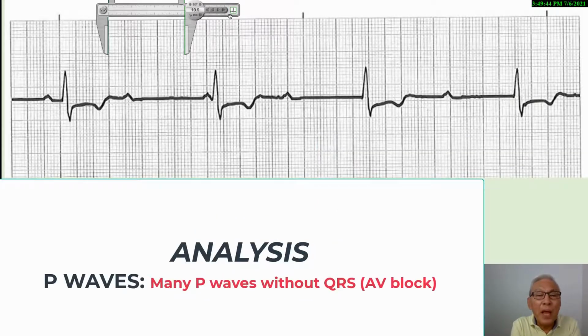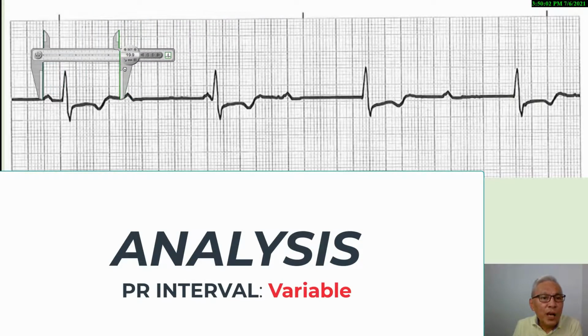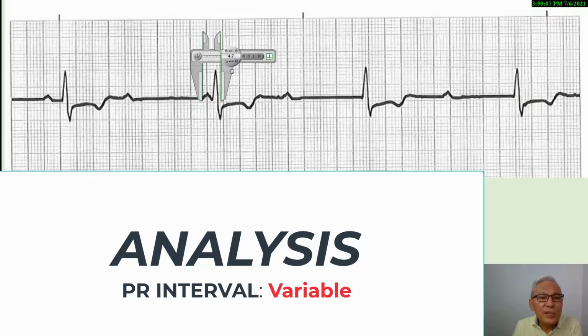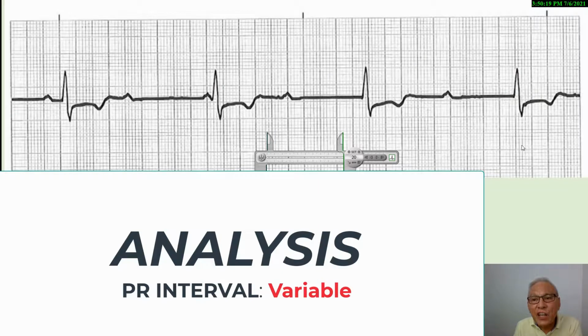P waves, many P waves, are not followed by a QRS complex, and therefore there is a block. PR intervals. If we look at the PR intervals and measure them, this is what we get. Notice now that the first PR interval is not the same as the second PR interval, and even the third PR interval. There is wide variability, and this is an indication that there is dissociation between the atria and the ventricles.